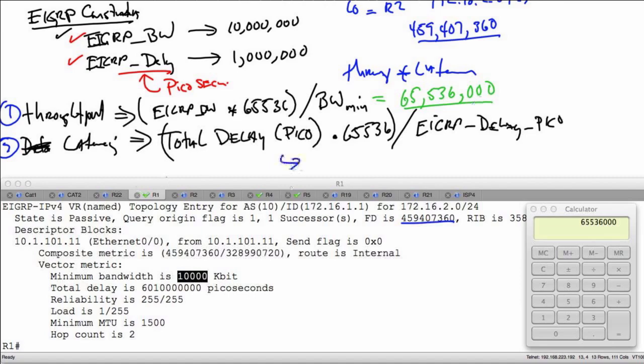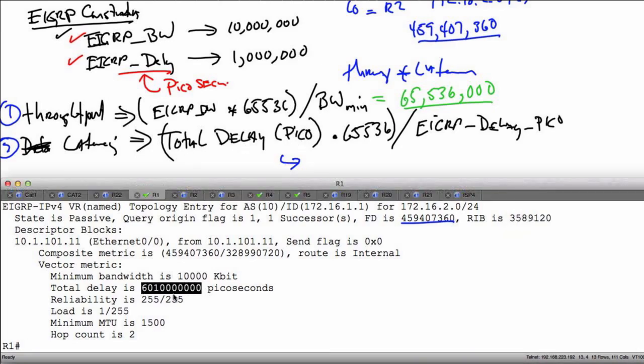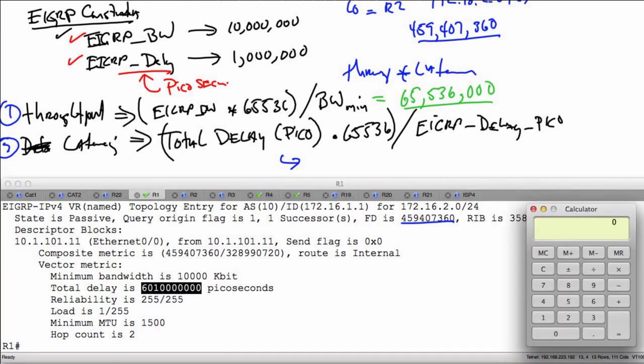All right, now what we want to do is figure out what's going on with our latency. In the confines of latency, we're going to take our total delay in picoseconds, which is this value right here. That's going to be 6,010, and then 6 zeros. Let's make sure that's right. Yes, it is. Then we're going to multiply it by 65,536, and divide it by our constant, which is 1 million.